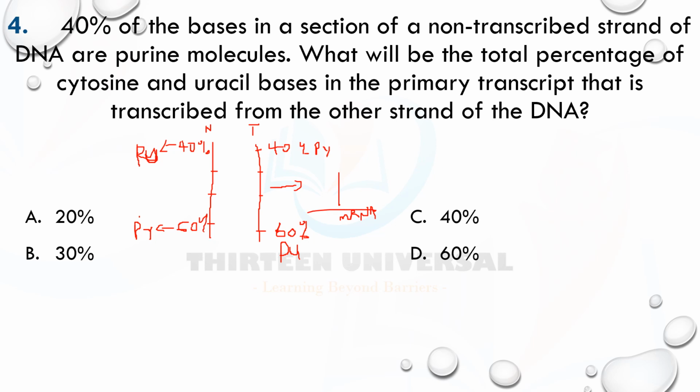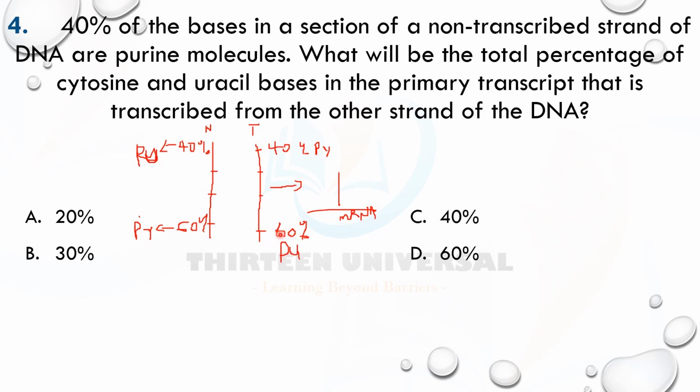So remember guys, these two are pyrimidines, and this is going to be used as a template strand. The pyrimidines here will have to pair with the purines on this strand. How many purines do we have? 60.